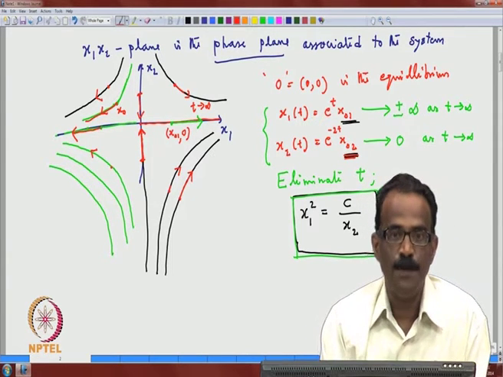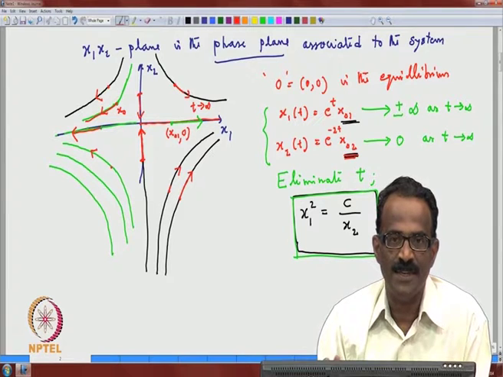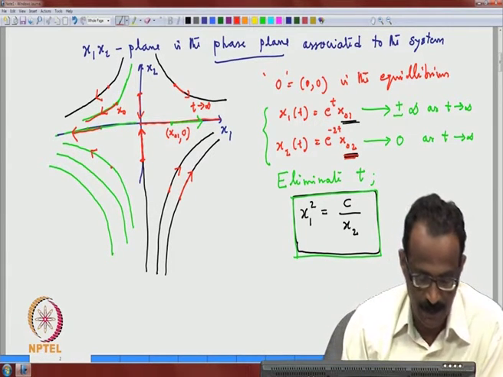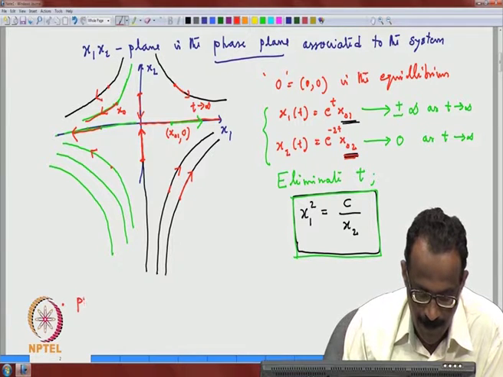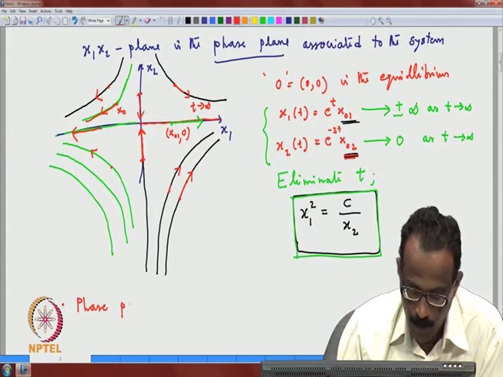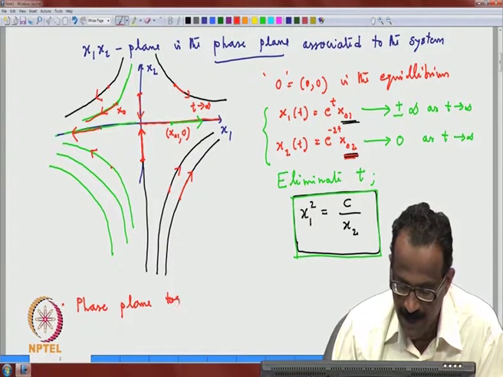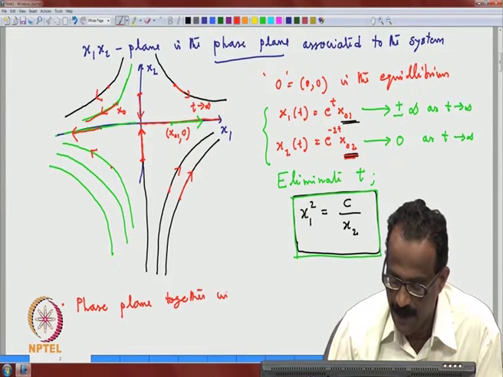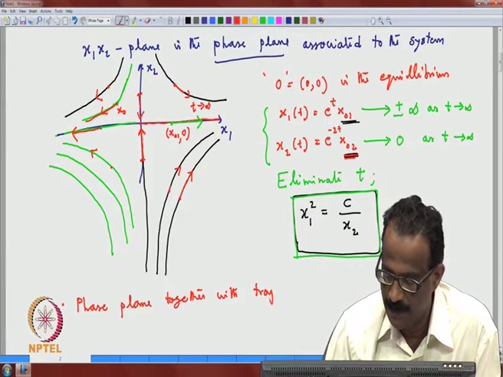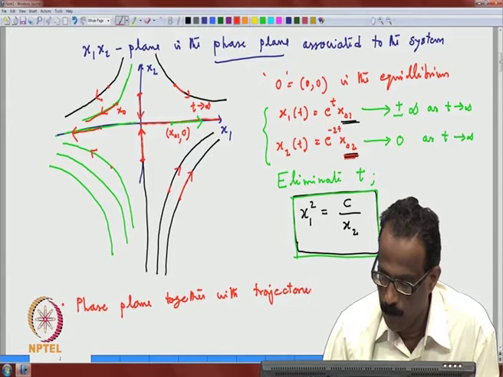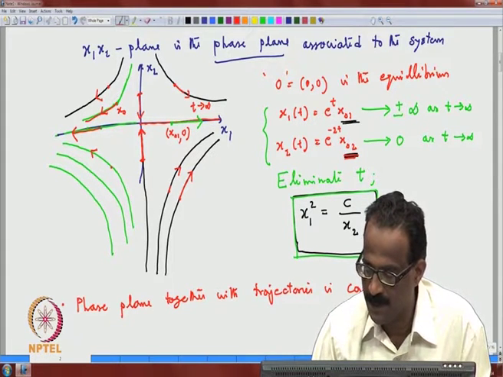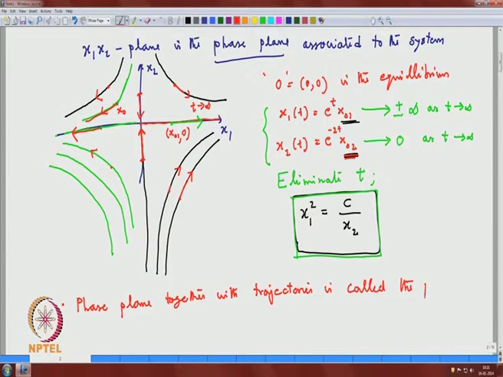So, the phase plane together with all the trajectories is called the phase portrait of the system.